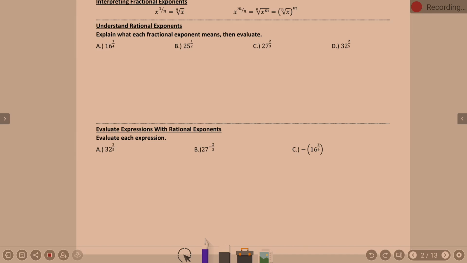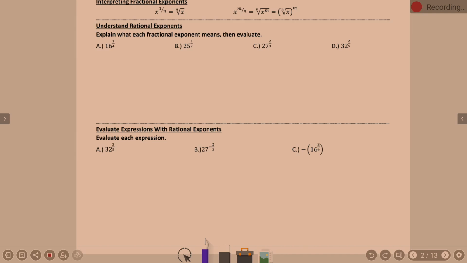When we see a fraction in the exponent, so x to the 1 over n, that's the idea of saying the nth root of x. So that n in the denominator tells you what type of root. If this was x to the 1/2, this would be the square root of x. If this was x to the 1/3, this would be the cube root of x. And that's what we'll practice in this next section.